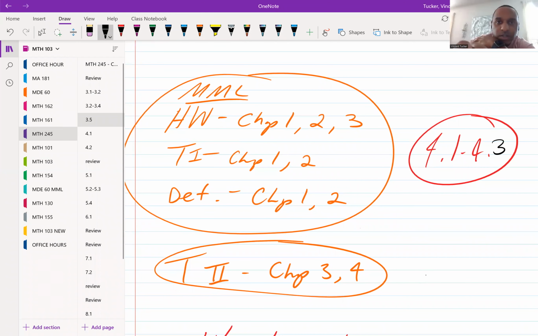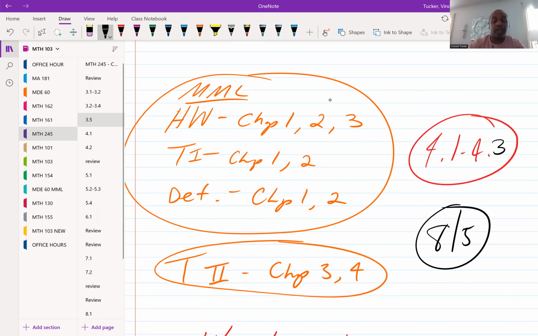I see somebody in the chat. When it comes to due dates and homework, everything is due by 8/5. The way you can gauge whether you're behind is where we are in the lecture. So try to do your best to keep pace or be around it.